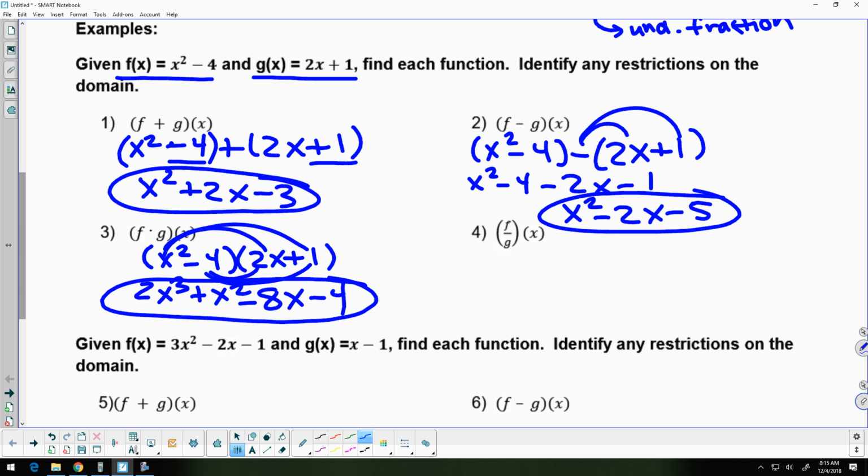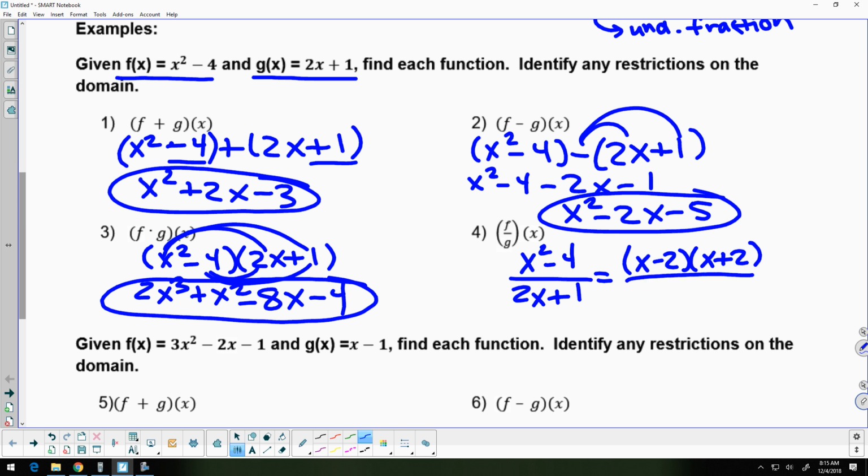And now the last part is division. So f goes on top, g goes on the bottom. So f of x on top, that would be x squared minus 4, and that's going to be over 2x plus 1. So like I said before, with division, the only time we can actually do something is if we can factor and cancel. The top is actually factorable, my numerator, I can factor that into x minus 2 times x plus 2.